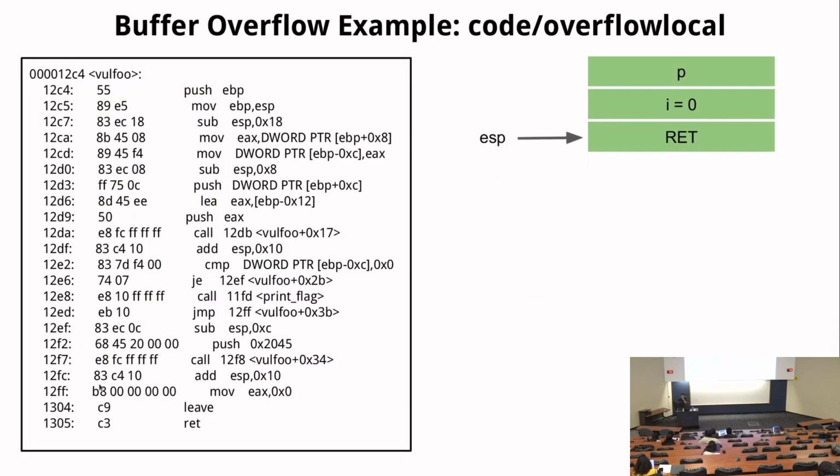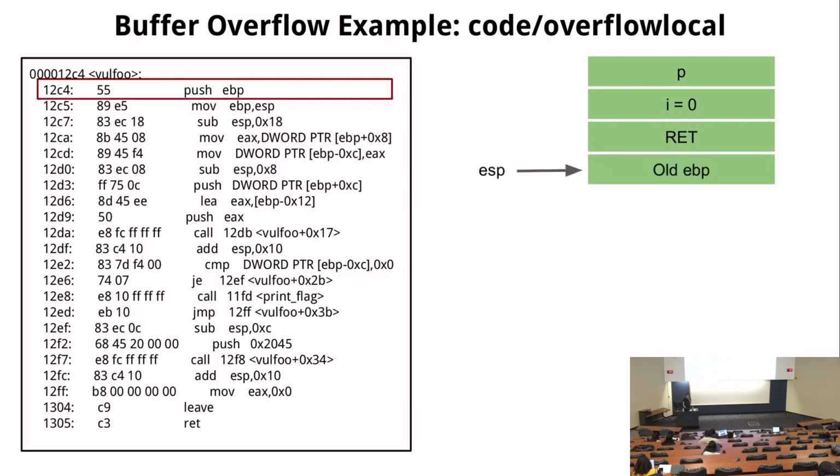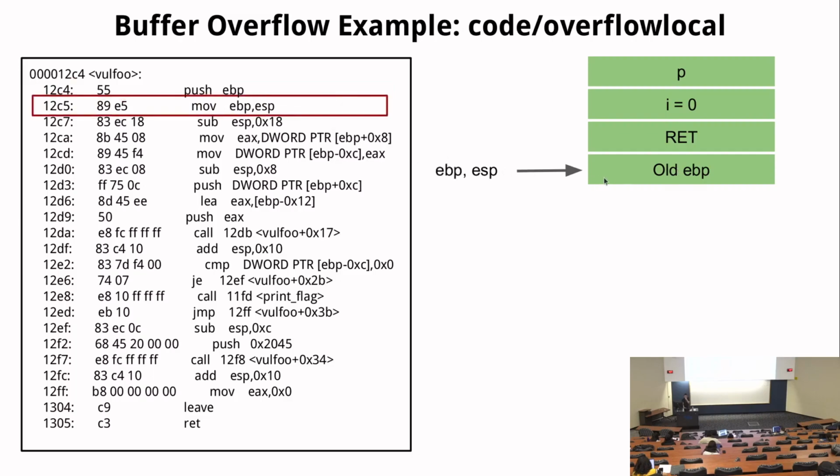So now we are going to execute the very first instruction of vol, which is push EBP. So the value of EBP will be pushed onto the stack. We call that the old EBP. And because this is a push instruction, ESP will point to here. After that, we will move ESP to EBP. So we didn't change ESP in this case. We only move ESP to EBP. So both of them point to the old EBP.